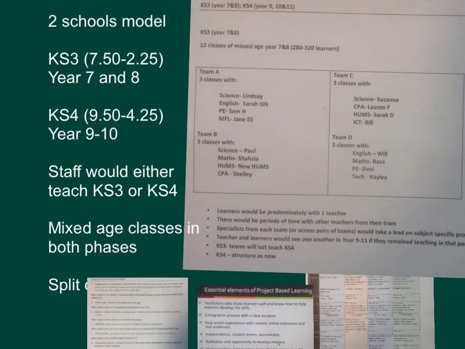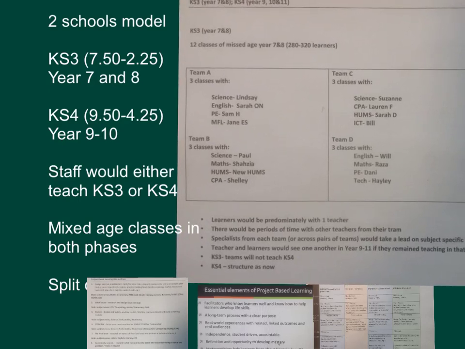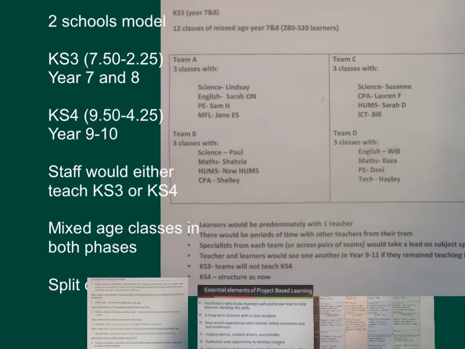Okay, now you've been sent this document. So we can see that we're suggesting that we have 12 classes of mixed age Year 7 8. And then we would split those 12 classes into these 4 separate groups, which you could say are the 4 separate families.